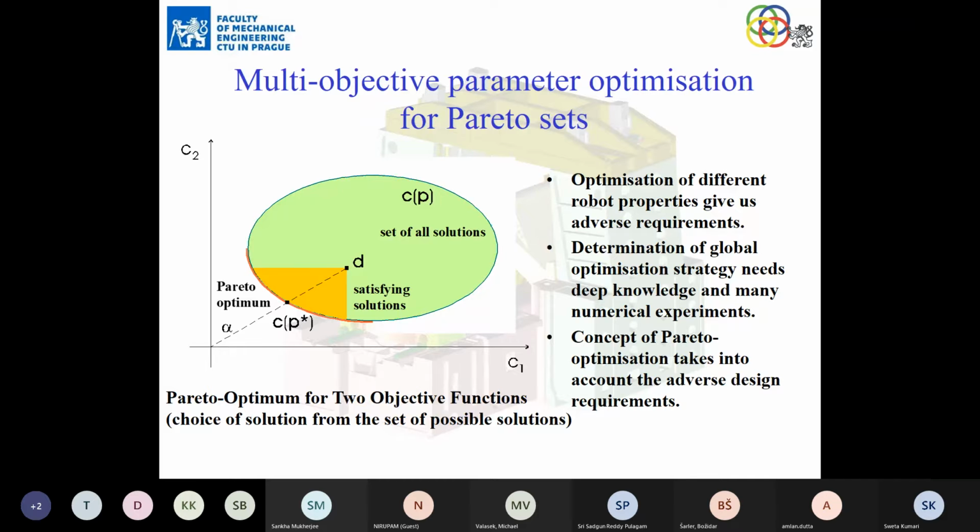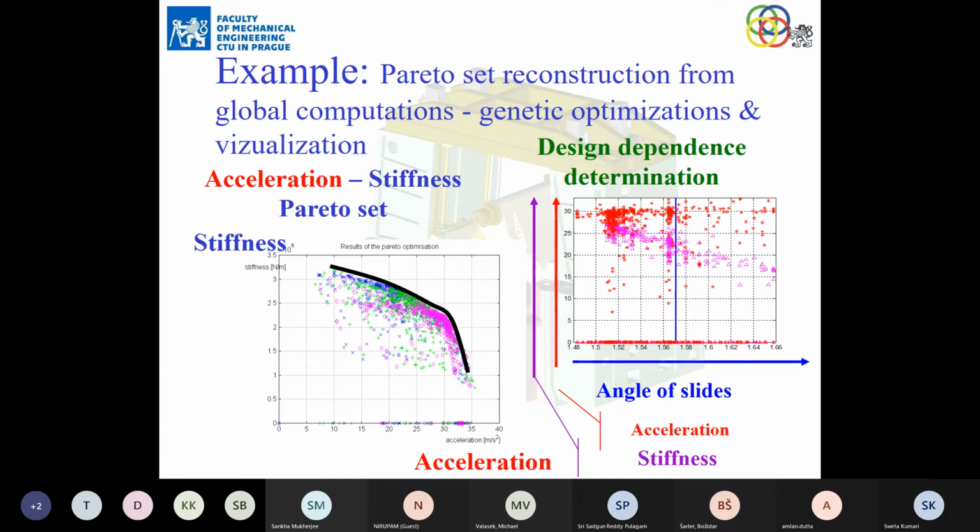Certainly, whenever you have a Pareto set, you must somehow decide where to place your design. So some approach is needed to find an optimized position on the Pareto set, or maybe a change of the slope in the Pareto set. Here is an example showing that we are computing a Pareto set between acceleration and stiffness.